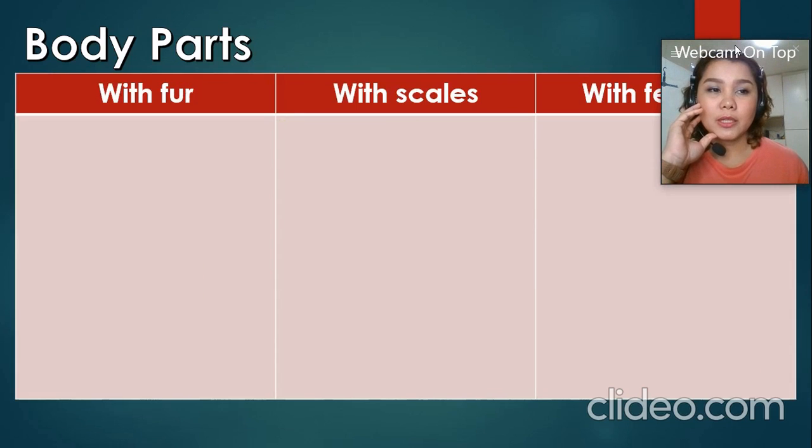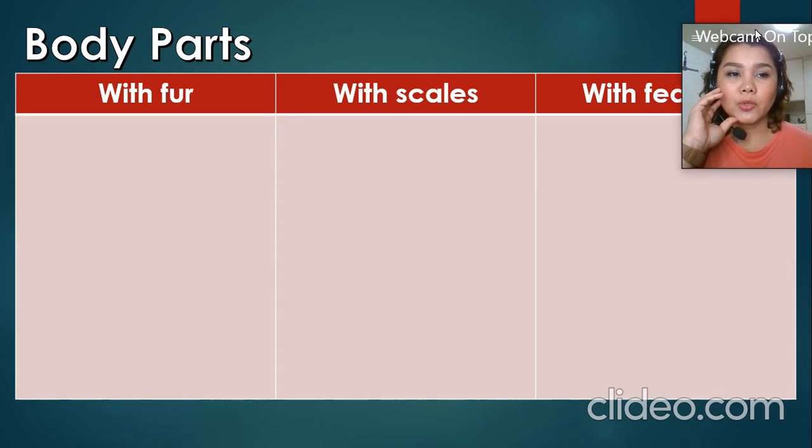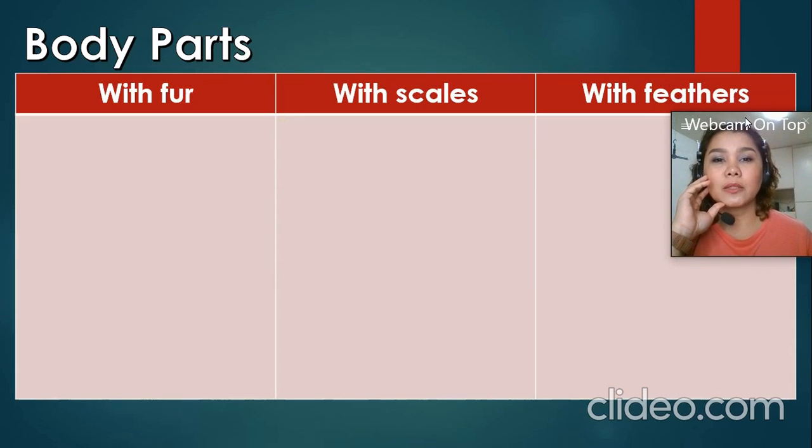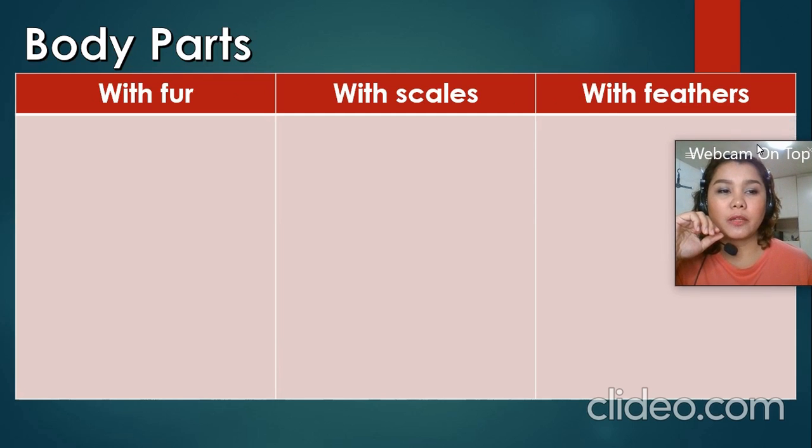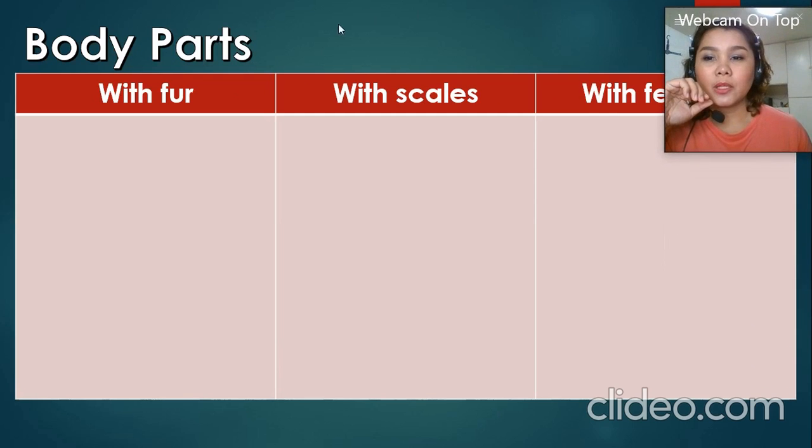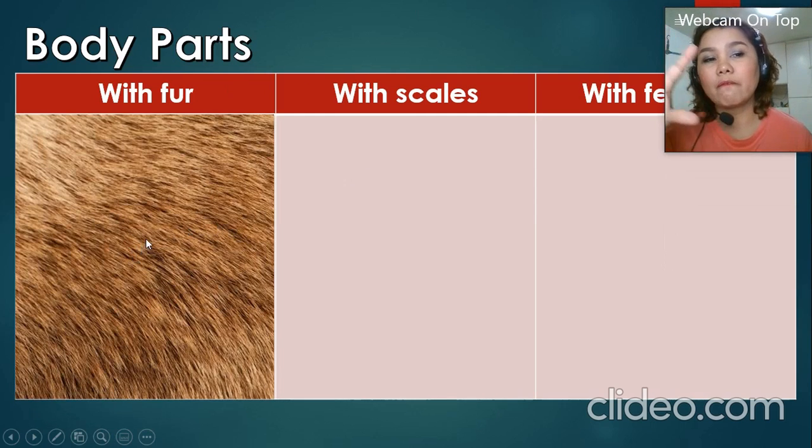Okay, next, we now group them according to their covering, still under body parts. With fur, with scales, with feathers. How are they different from each other? With fur, it looks like this, like fine hairs.